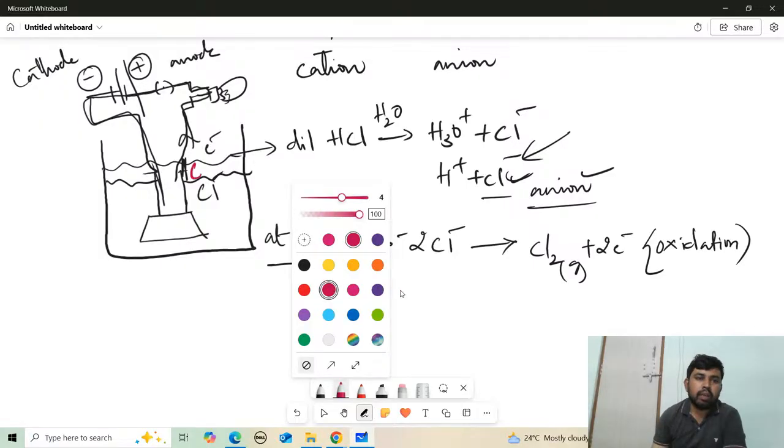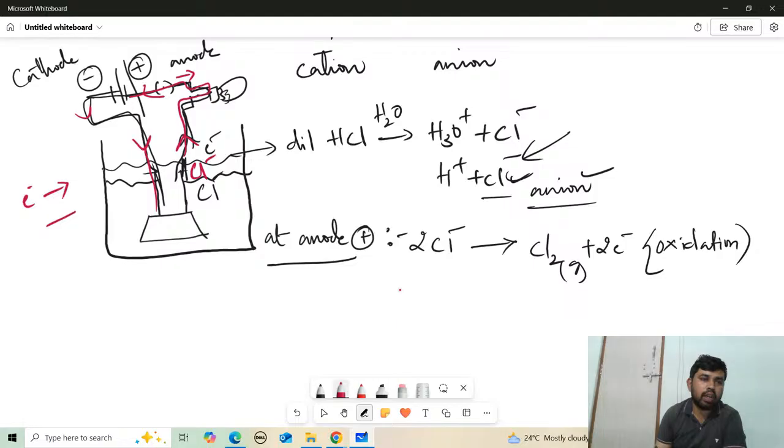Cl minus is coming here and these electrons are moving in this direction. So the circuit is going in this direction and this direction. Electrons are moving in this direction, then current is moving in the opposite direction. Remember, if electrons move in one direction, current will be in the opposite direction.